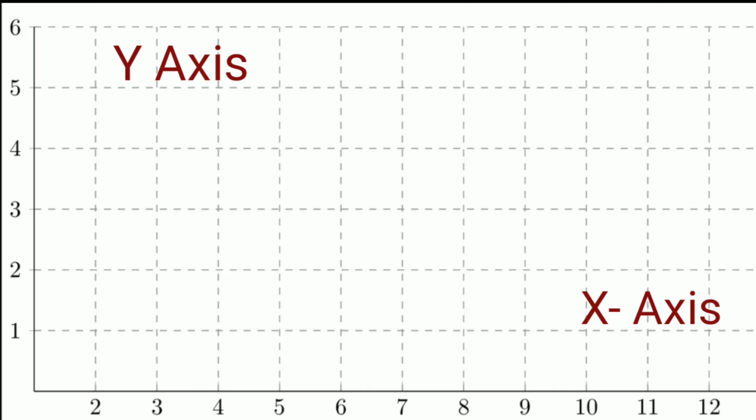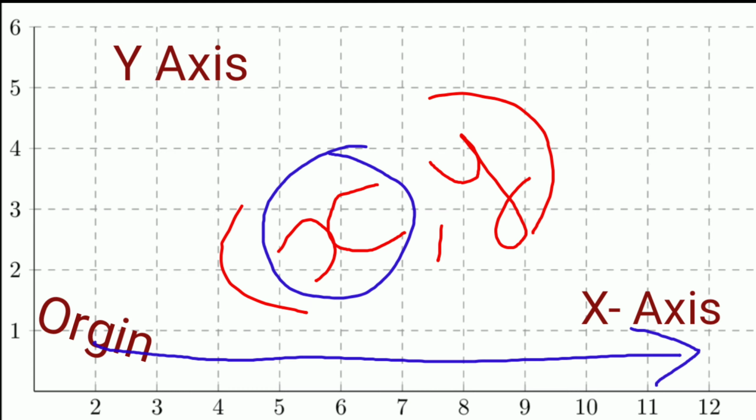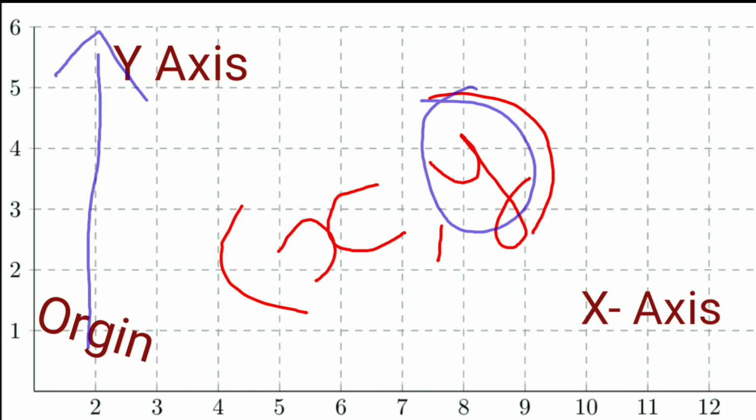The point where these lines intersect is known as the origin and is denoted by the letter O, and it partitions the plane into four distinct regions called quadrants. These lines enable us to identify uniquely any point in terms of its coordinates x and y. The first number, x, denotes the horizontal distance along the x-axis, and the second number, y, denotes the vertical distance along the y-axis.